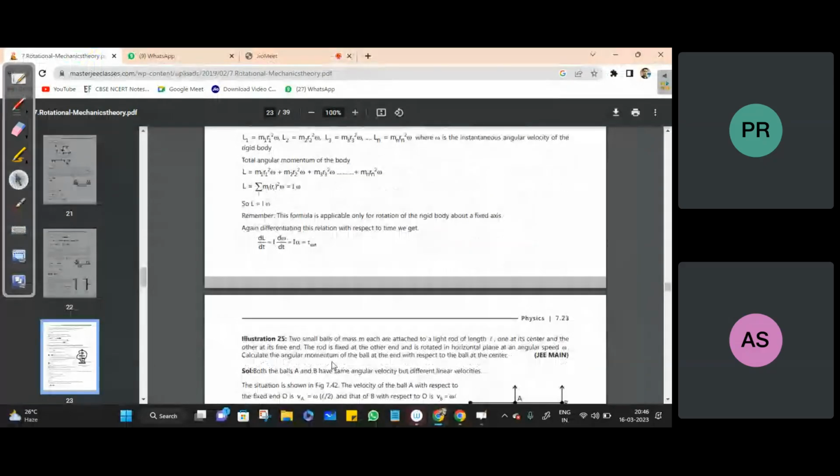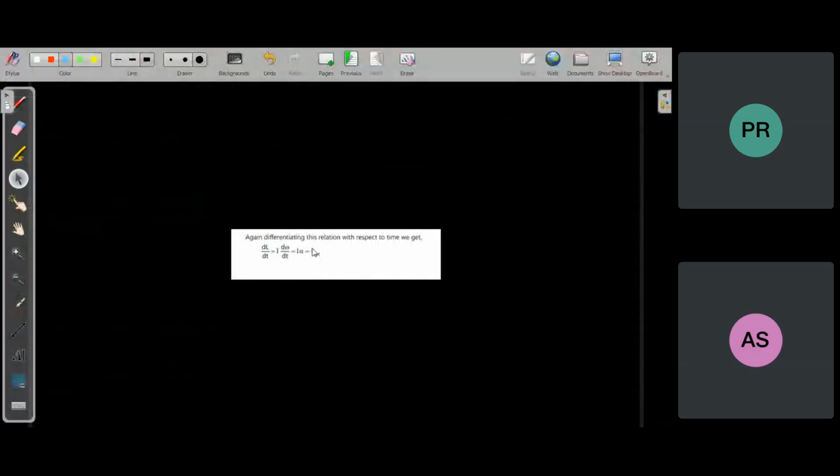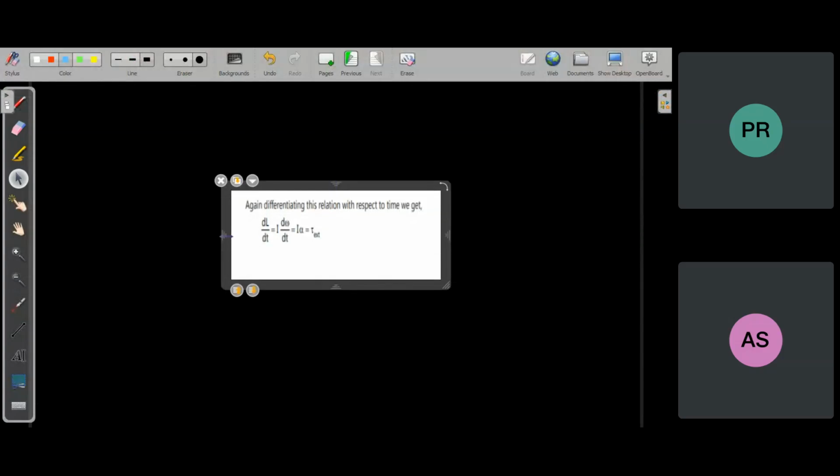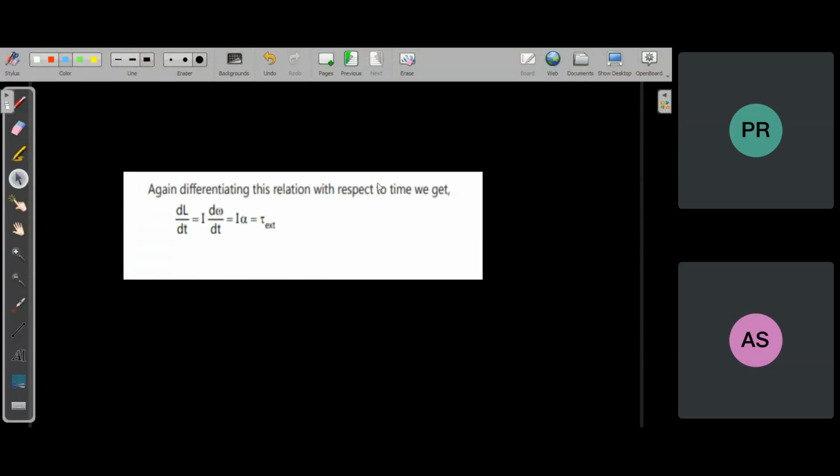Now, if you differentiate this equation on both sides, what will you get? dL by dt is equal to I d omega by dt. And d omega by dt is alpha, so it becomes I alpha. And you already know that dL by dt is nothing but torque.